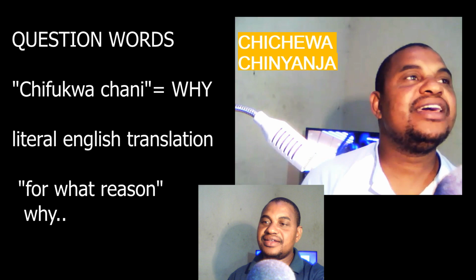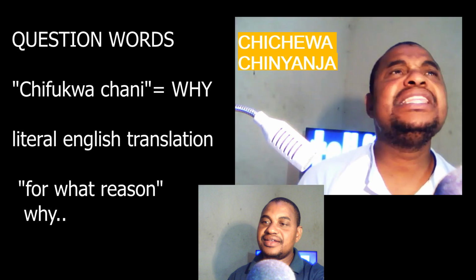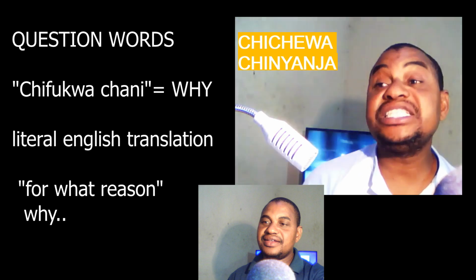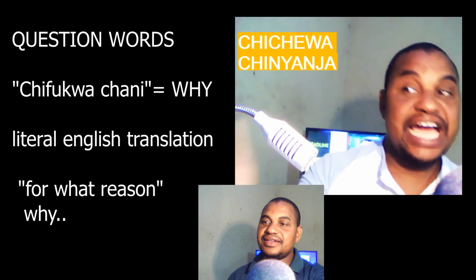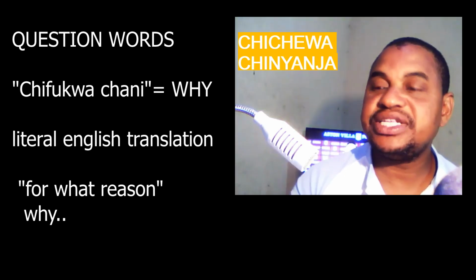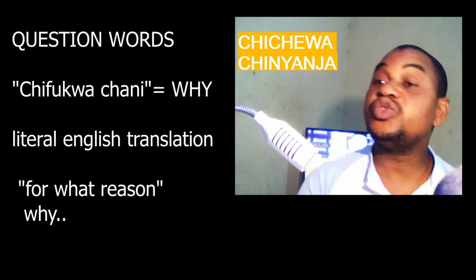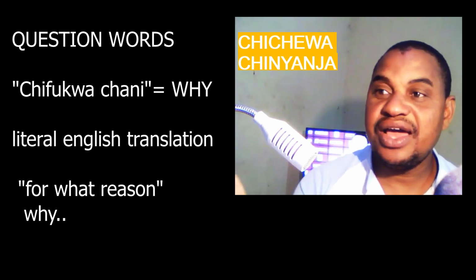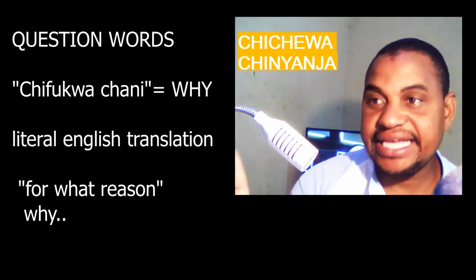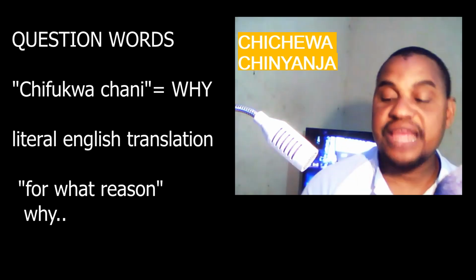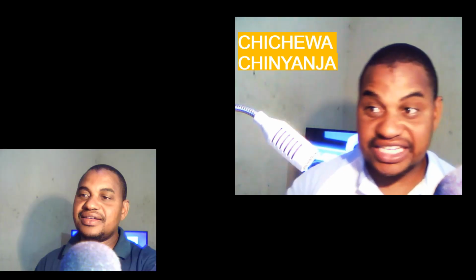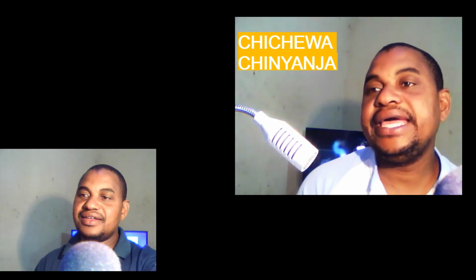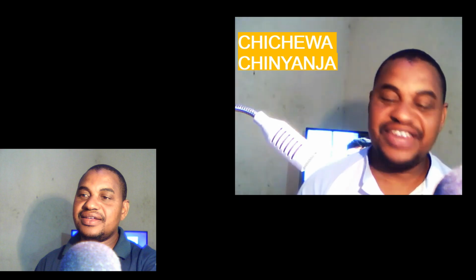In literal English, you can say for what reason? Chifukwa Gian. For what reason? Representing why. So there is no single word in Chichewa that stands for why. You have to mix two words together. Chifukwa Gian, meaning why. It's very, very interesting and exciting.